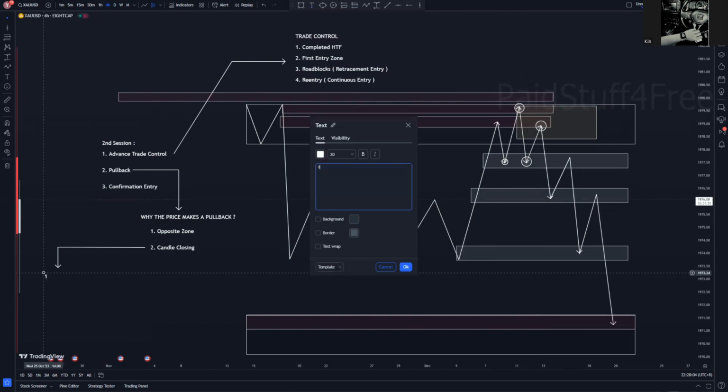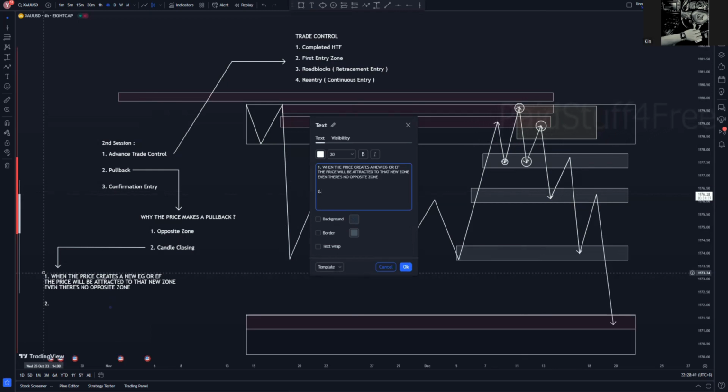The first one: when the price creates a new EG or EF, the price will be attracted to that new zone, even if there is no opposite zone.